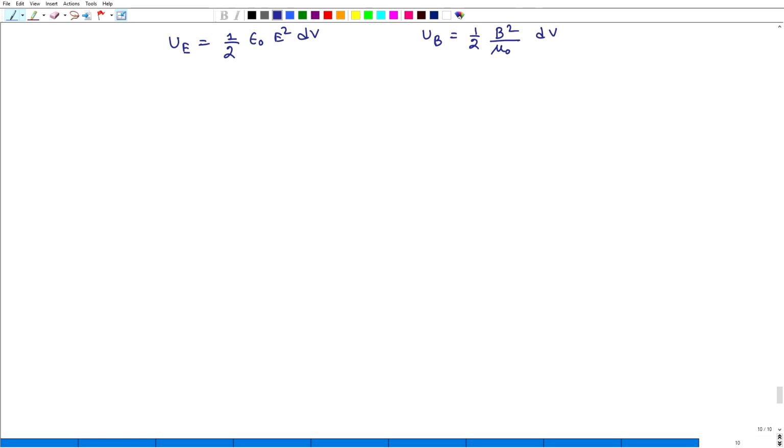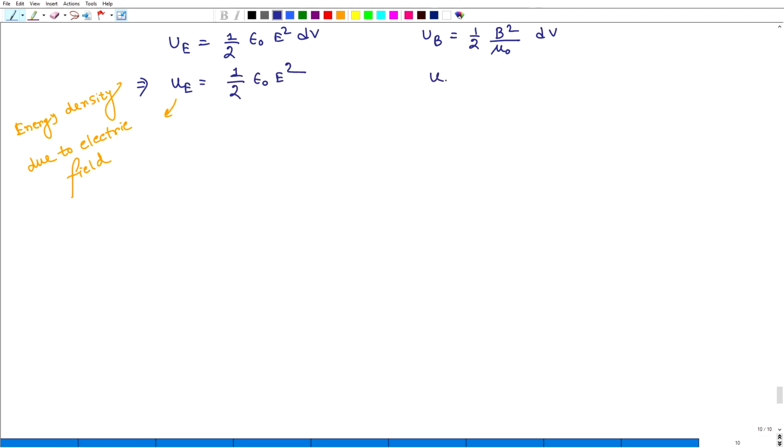Now this is the stored energy. If we want to calculate the density, it is also easy. What will be the energy density? Let me write, this is the energy density due to the electric field. It will be half epsilon naught E square.